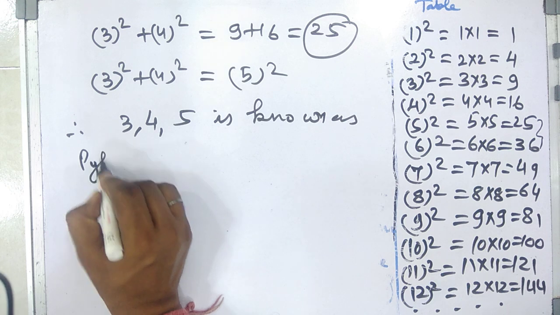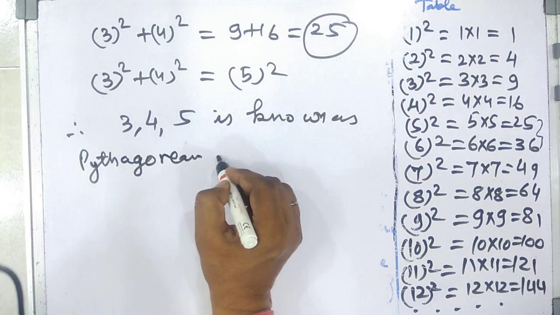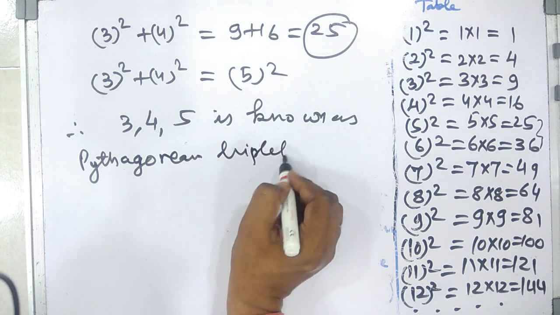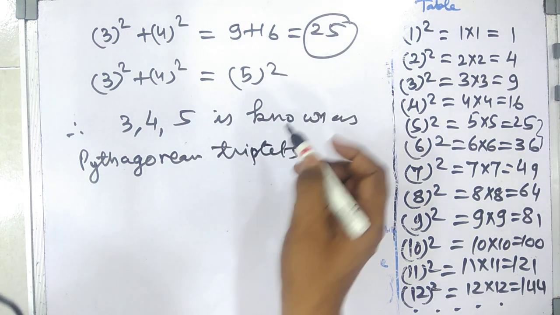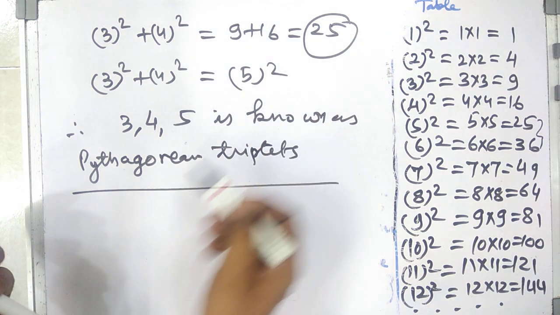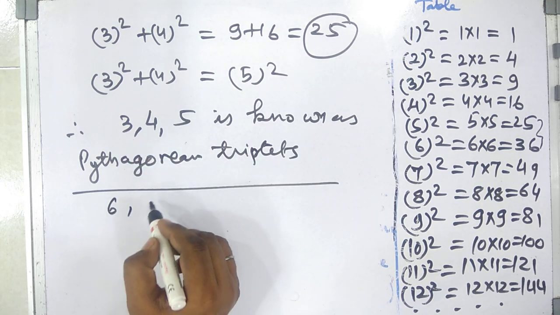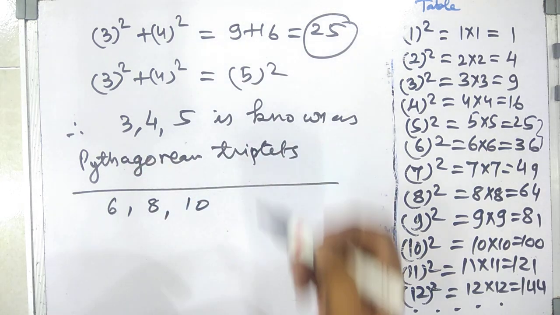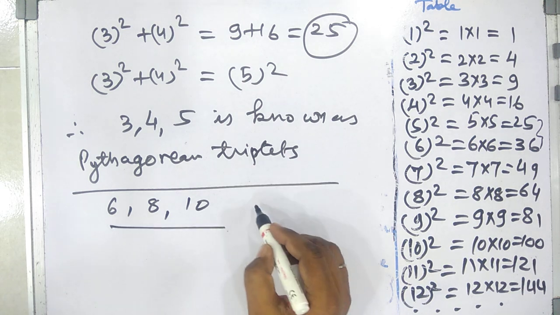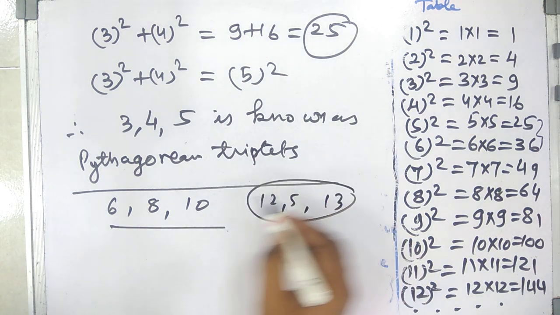Next, 6, 8 and 10 are also Pythagorean triplets, and 12, 5 and 13 are also Pythagorean triplets.